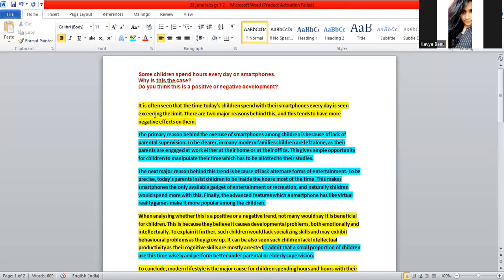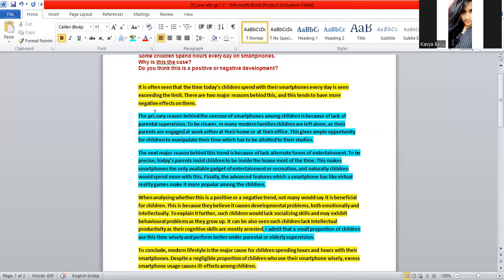Now let's go with the second question. So what is there in the second question? Do you think this is a positive or negative development? When analyzing whether this is a positive or negative trend, not many would say it is beneficial for children. The first sentence gives you an idea of what we are going to say.